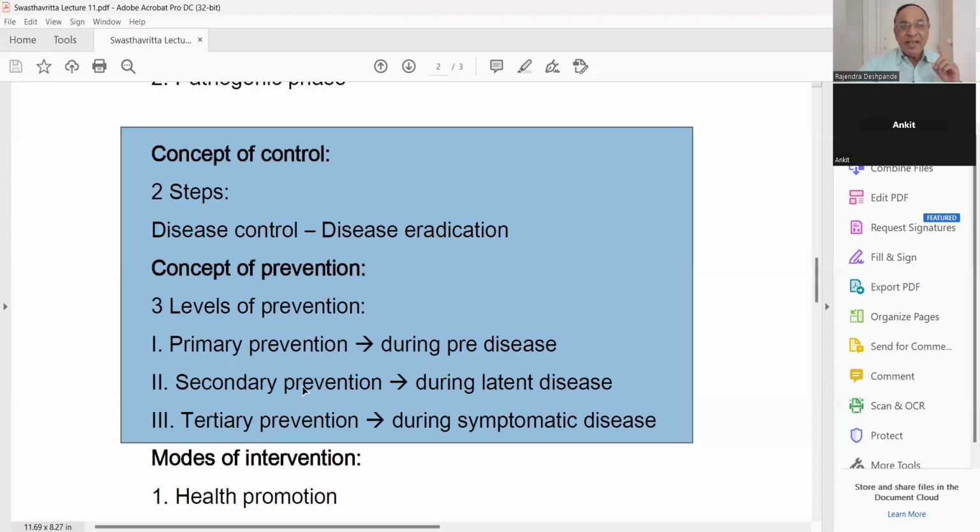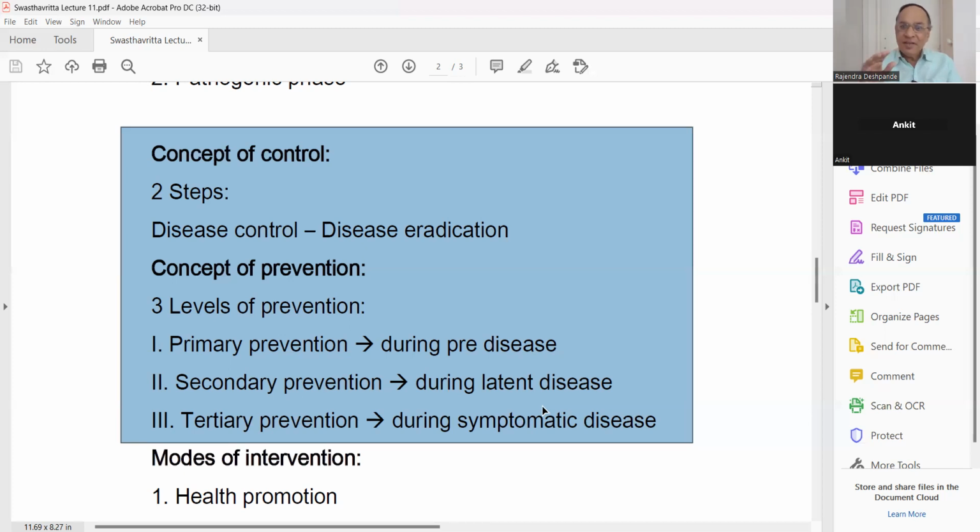Is it clear? Then secondary prevention, during the latent disease. What is latent disease? Some of my neighbors may have started the problem of jaundice, and I am sensible that I can get the disease. Then immediately I will start, for example, Arogyavardhini tablet of Ayurveda, or Himalaya company Liv.52 tablets, 2 tablets morning and evening.